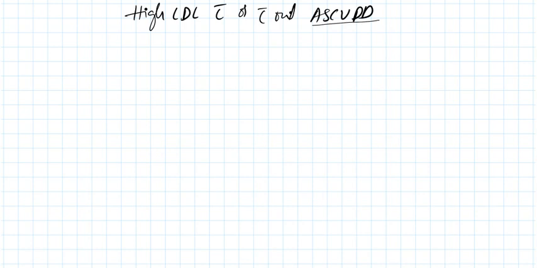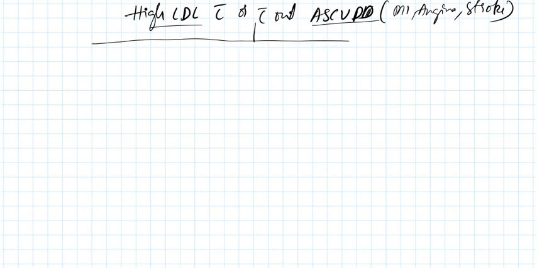What are those diseases? MI, angina, stroke. So you got a patient with high levels of LDL, low density lipoproteins, with or without atherosclerotic cardiovascular disease, that is MI, angina or stroke. What is your process of approaching the patient?